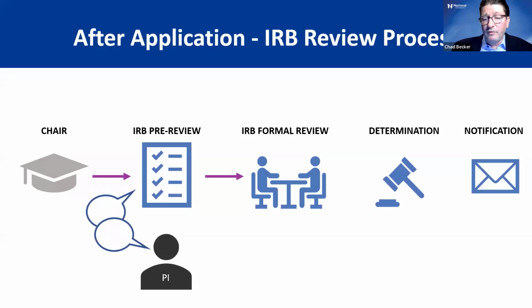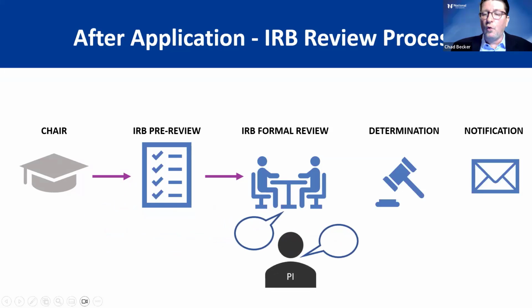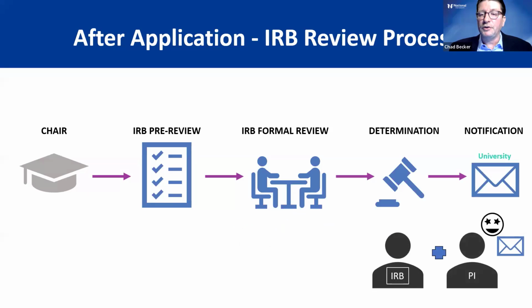Again, you may go back and forth with the reviewer or the chair at this point. Once the application is determined to be complete, it heads for formal review where you may have to go back and forth with that formal reviewer in order to have a fully approvable application. Once that point is reached, a determination is made and a notification is provided.